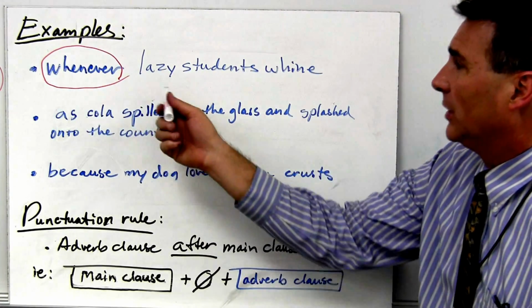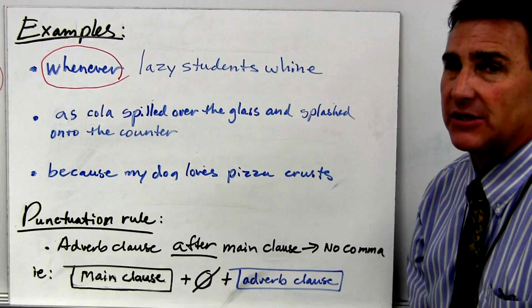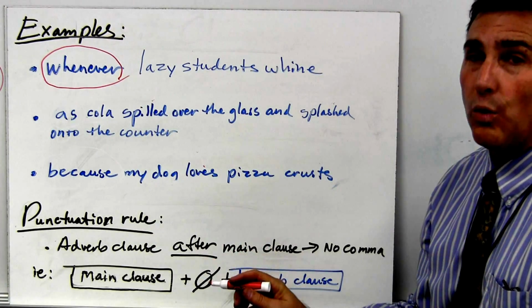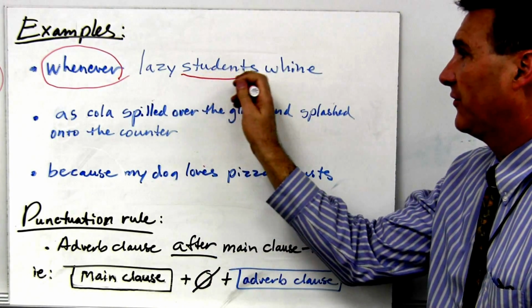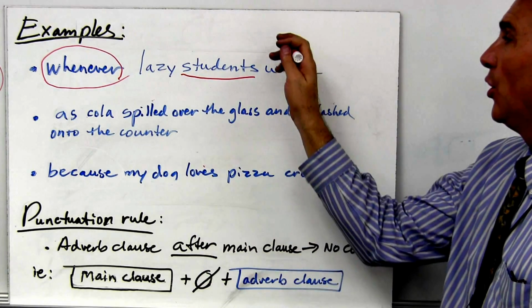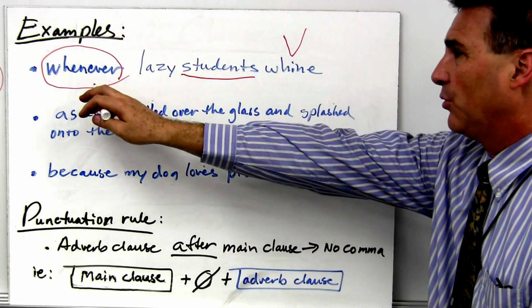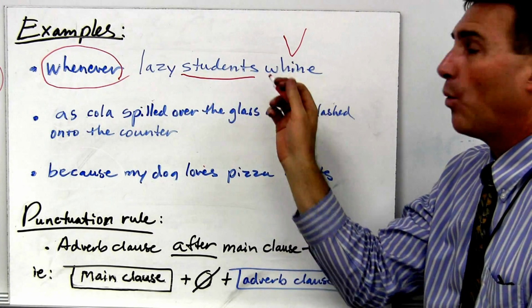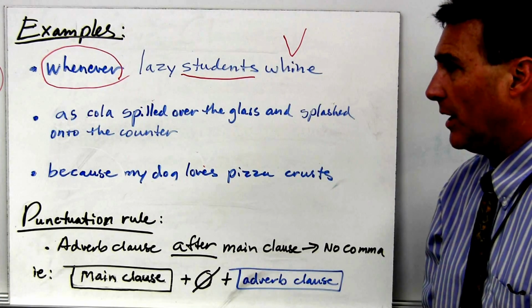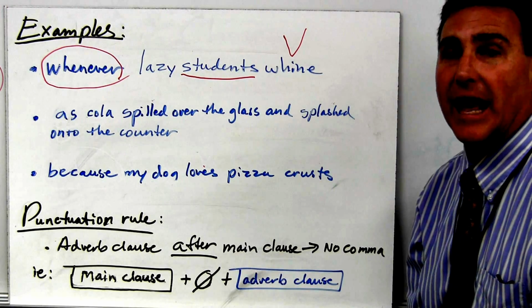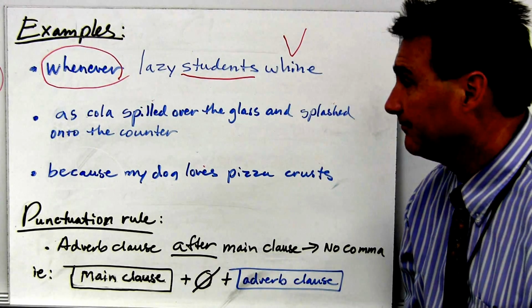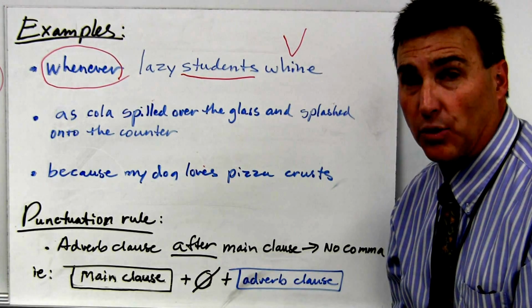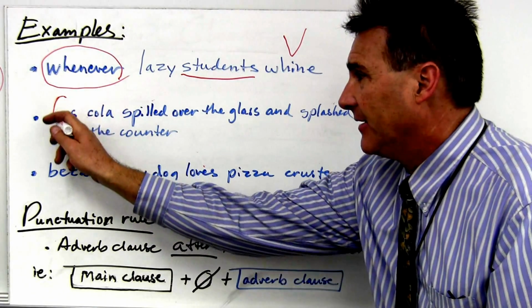So, whenever lazy students whine, whenever is the subordinating conjunction. What's the subject? Students. And what's the verb? Whine. So there we have our subordinating conjunction, whenever, our subject students, and our verb whine. Next example. As cola spilled over the glass and splashed onto the counter. What's our subordinating conjunction? As.